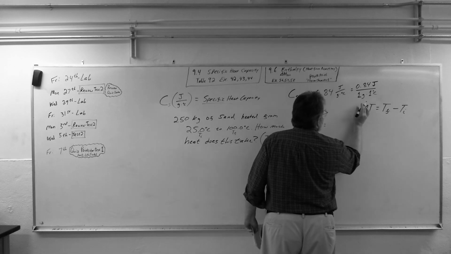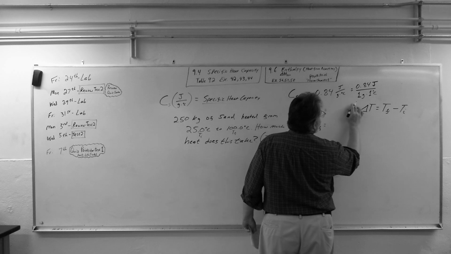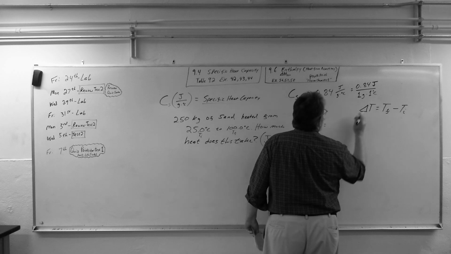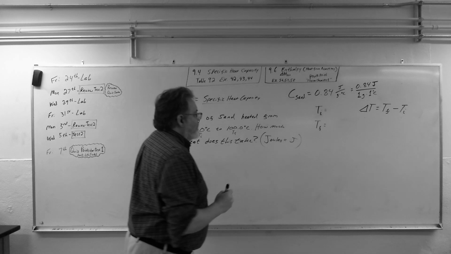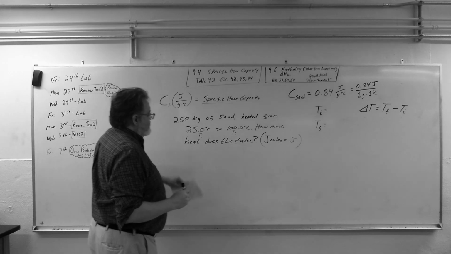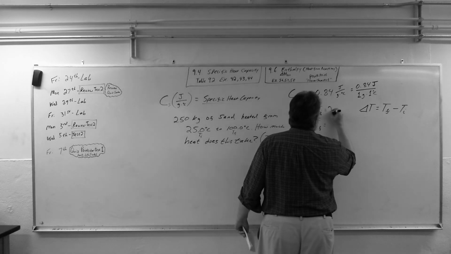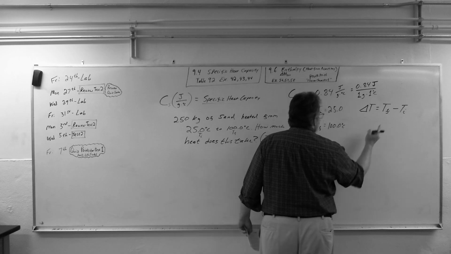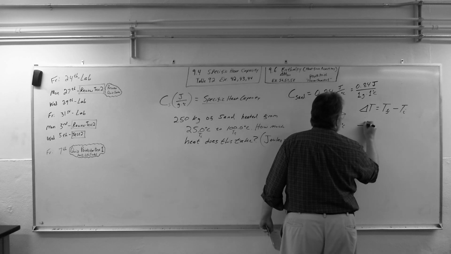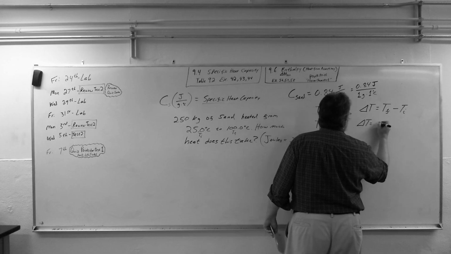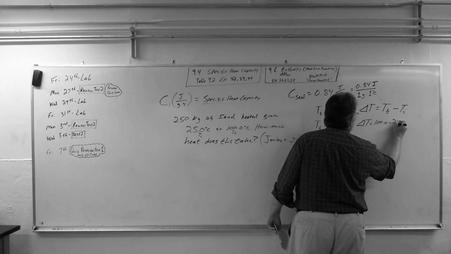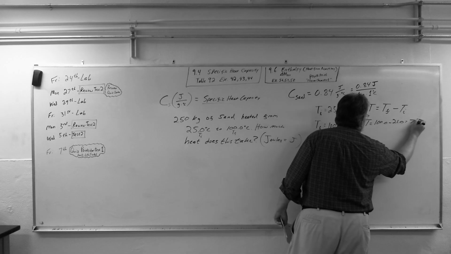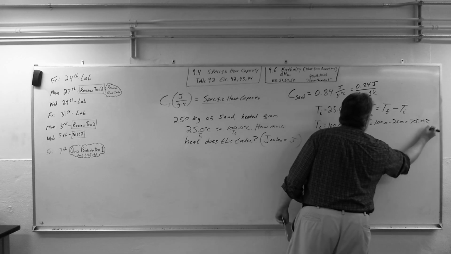That delta T is really what goes here for the 1 degree C. So in this case, 25 is initial, and final is 100. So if you do this math, delta T equals 100 minus 25, to 75.0 degrees C.